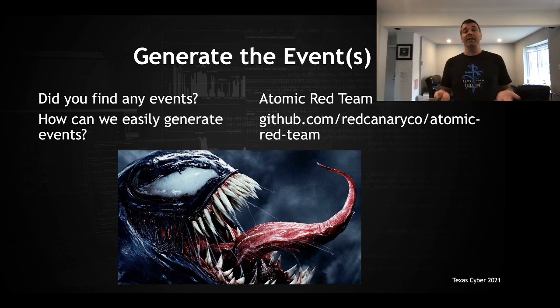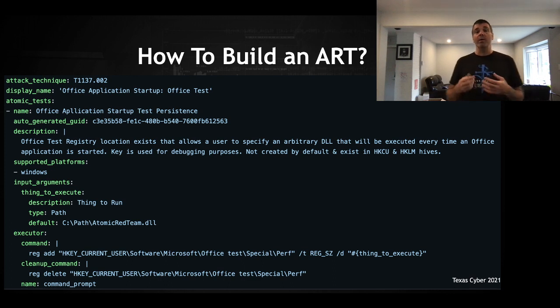So how can we easily generate events on demand? Well, there's the Atomic Red Team project that is built exactly for that. These are highly portable, very modular tests that you can run at will in your environment and generate events. So I'm going to look at how we can build an Atomic Red Team test.